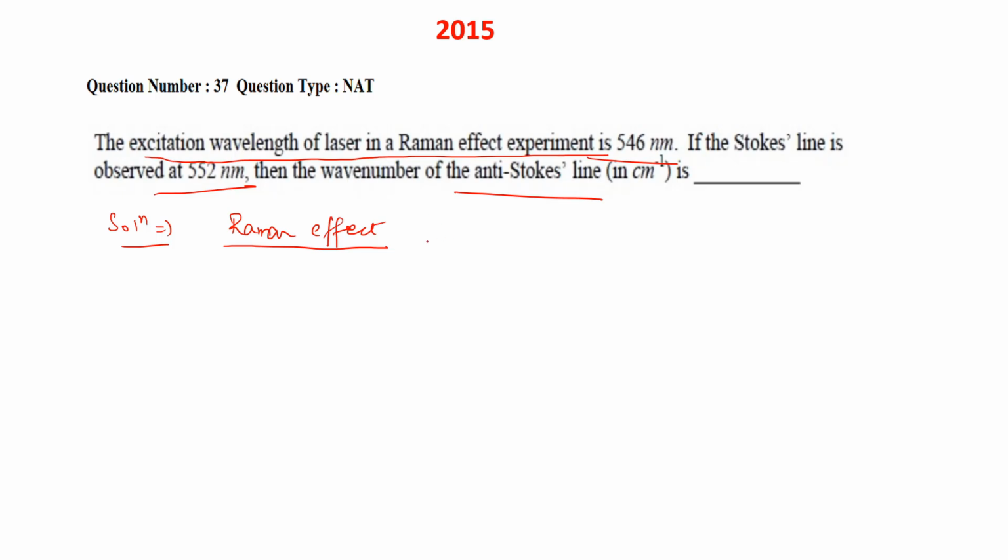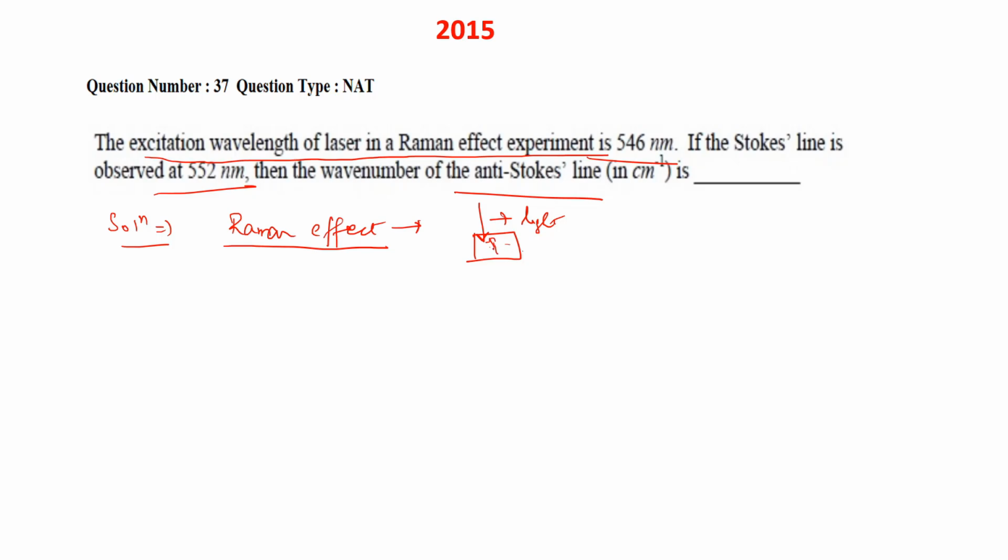In the Raman effect, we generally study the material at the molecular level. Suppose we have some material that consists of molecules, and we are irradiating it with some light source. What will happen? The molecules in it will interact with the radiation.